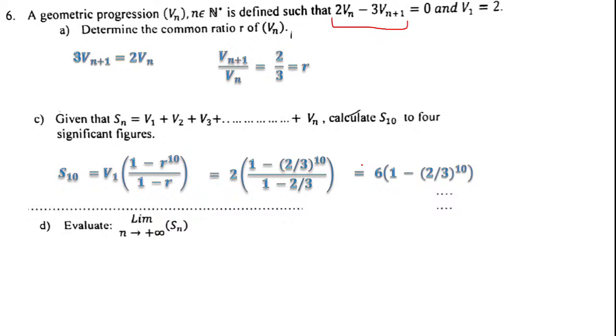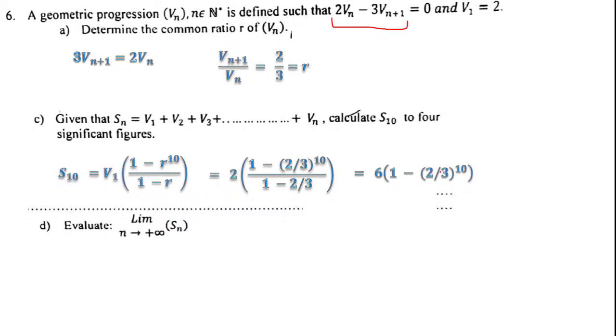So on our calculators, if we are to do this, raising 2 on 3 to the power 10, let me do it on my own calculator. So we raise all of this term to the power 10.